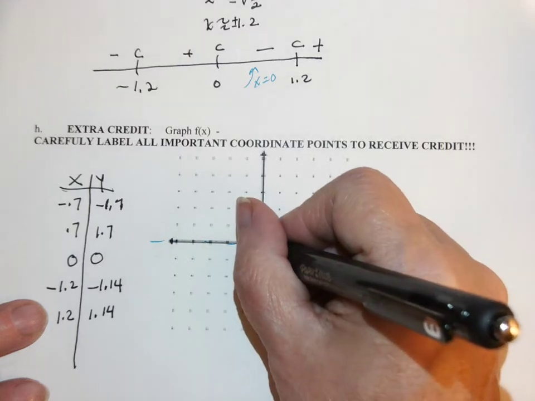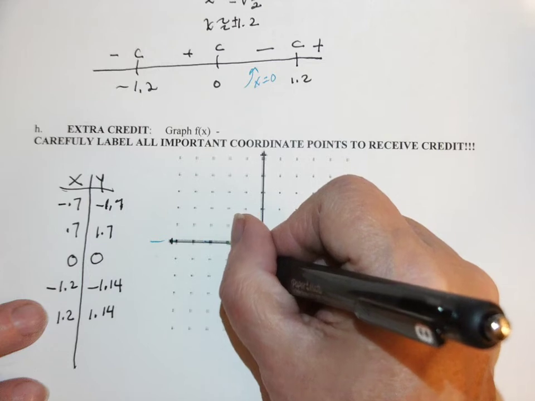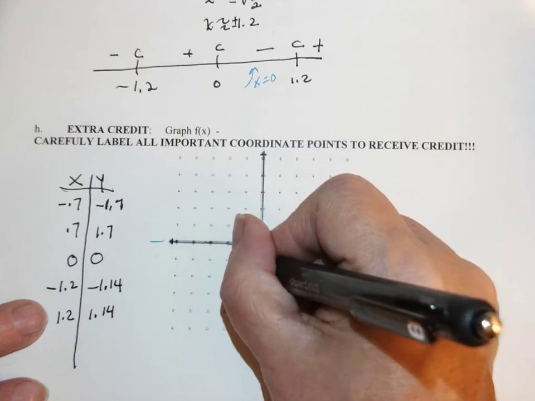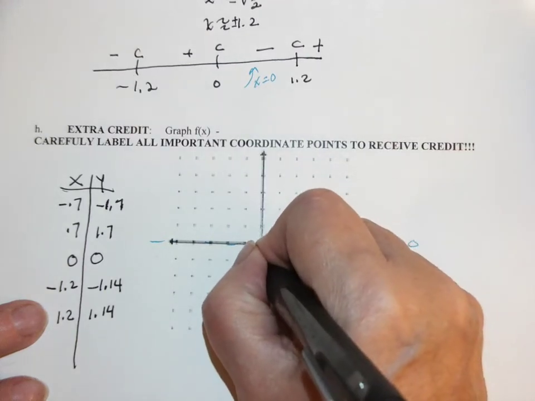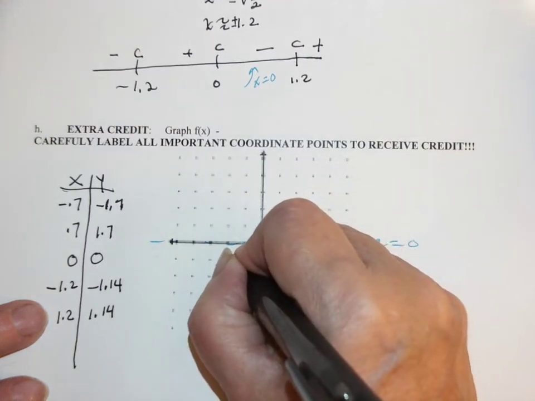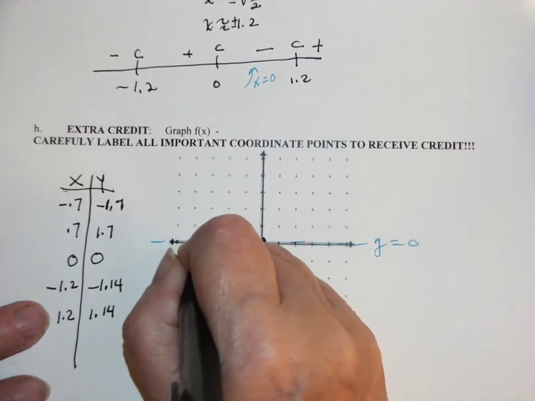Negative 1.2, I'm down at negative a little over 1. So this guy, concave up, and now he's moving concave down.